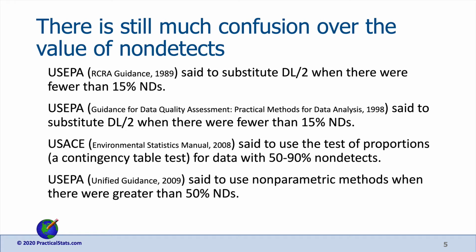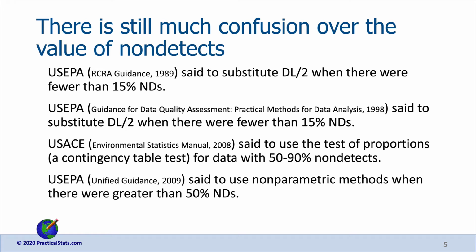There's a lot of confusion over the value of non-detects. What is the value of all of those values below 5? In older guidance documents, such as the RCRA guidance in 1989, it said to put in half the detection limit when there were fewer than 15% non-detects. So somehow 15% was a magic number.